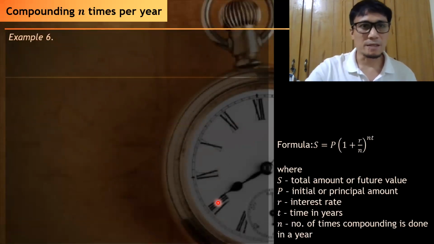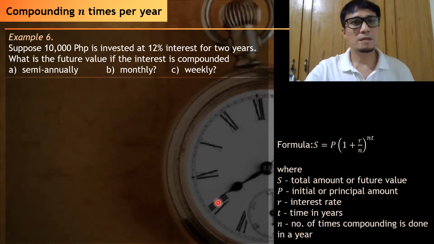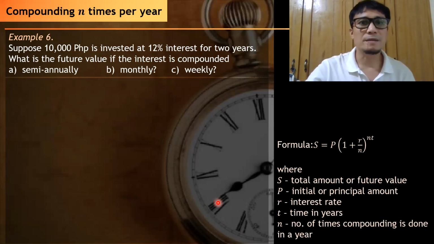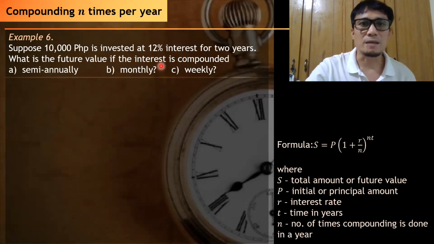Let's consider another example. This time we'll be considering other cases where compounding is done not only quarterly but also semi-annually, monthly, and weekly.